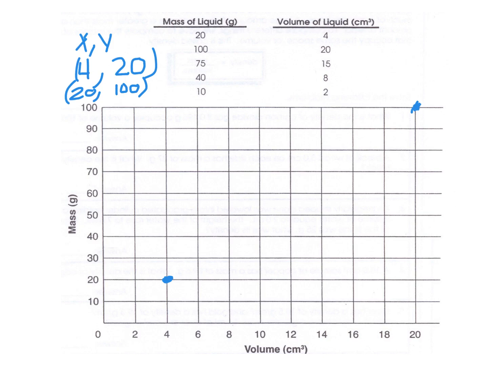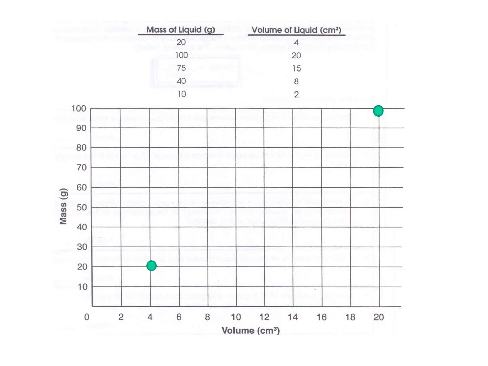You can pause the video, graph them right now. Then when you get your points put in, draw your line and make sure your line goes through the origin. Include the origin in your line.